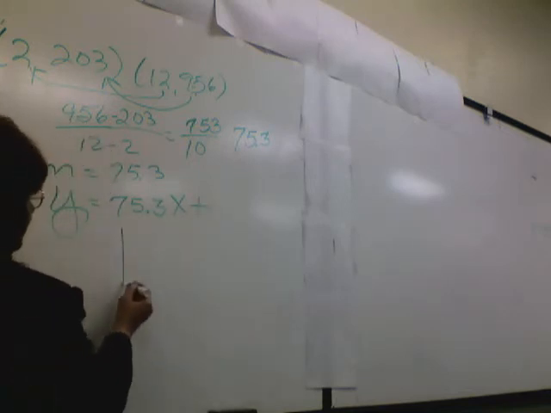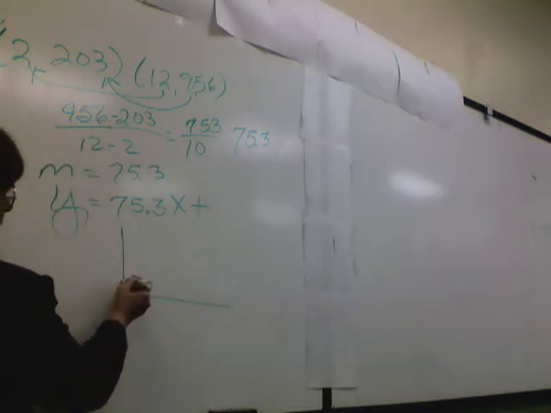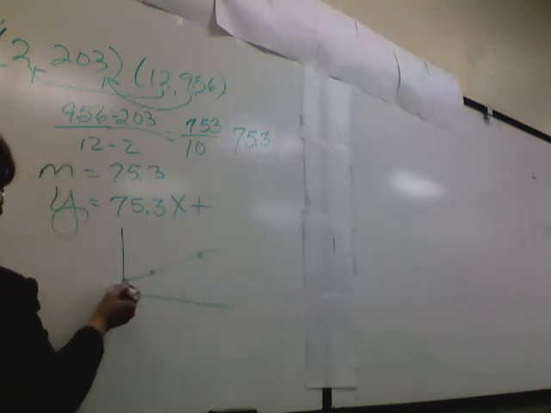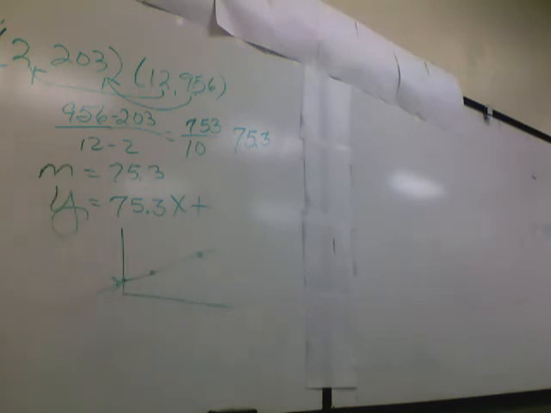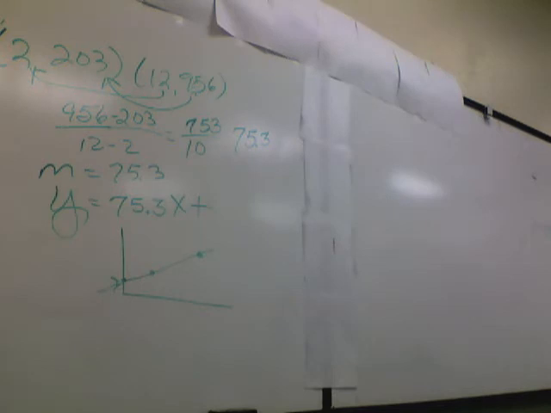When you have a graph like this, 0, 0, and wherever it touches here, it had 2 points labeled. Wherever it touches right there will be your y-intercept. So you have to decide what that number is right there. It didn't label it. It says it's a little under halfway up to the 200. It's not going to be 100.